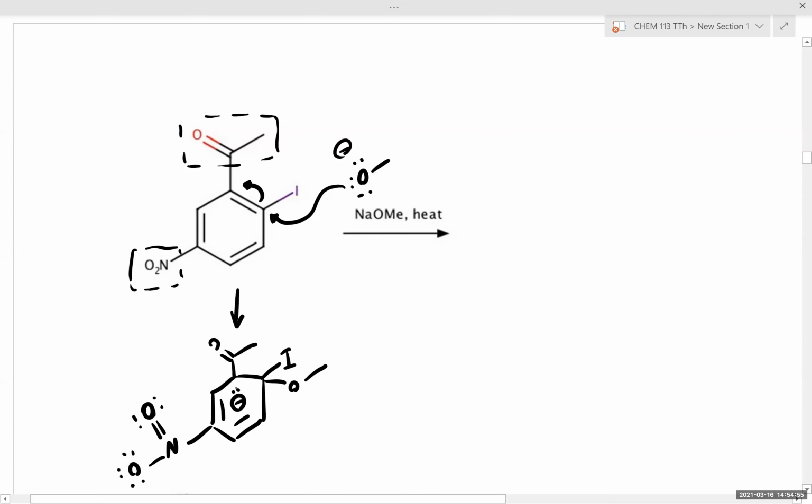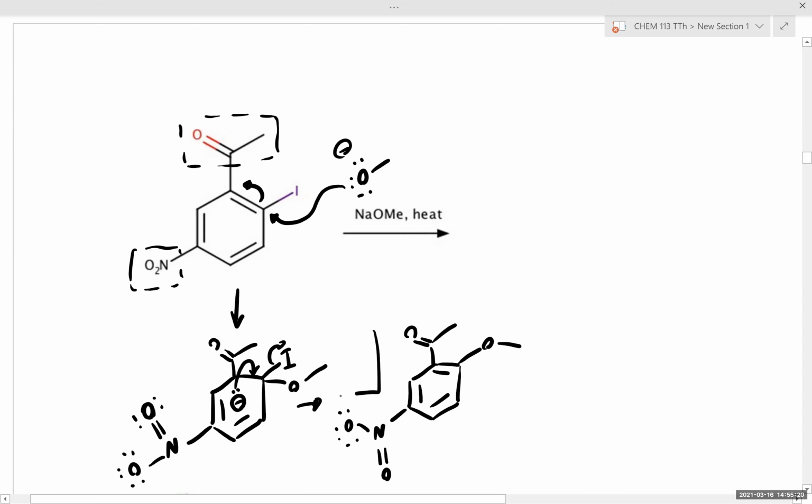From there, we observe what amounts to almost a textbook E1cB-like mechanism where our electron pair kicks back down to regenerate our pi bond and kick out our leaving group. And the most important thing about this SNAr reaction is that it very selectively generates only a single product.